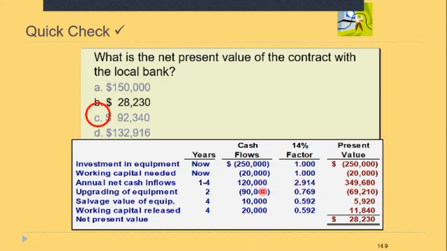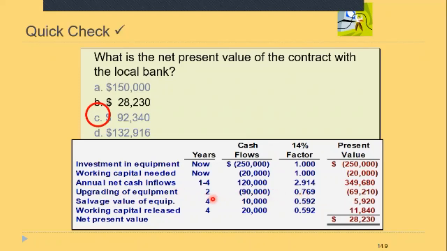From our maths, we know if we are going to multiply the same number by a number of numbers, we can add up the numbers and multiply by the same number. Upgrading of equipment, we get 90,000, and it's an outflow.